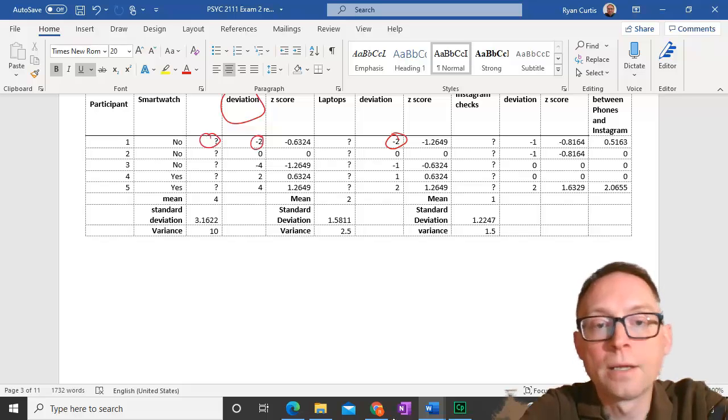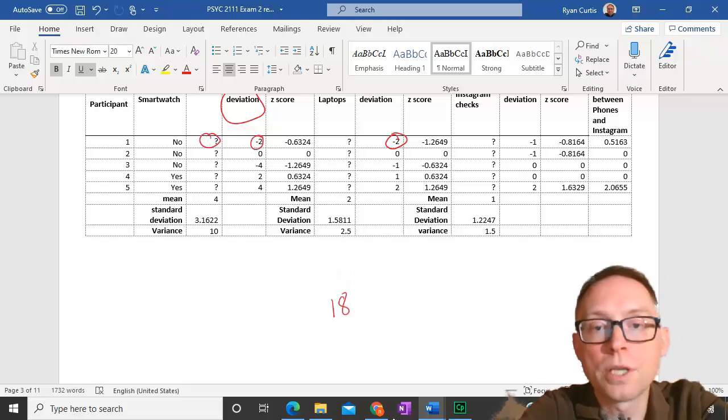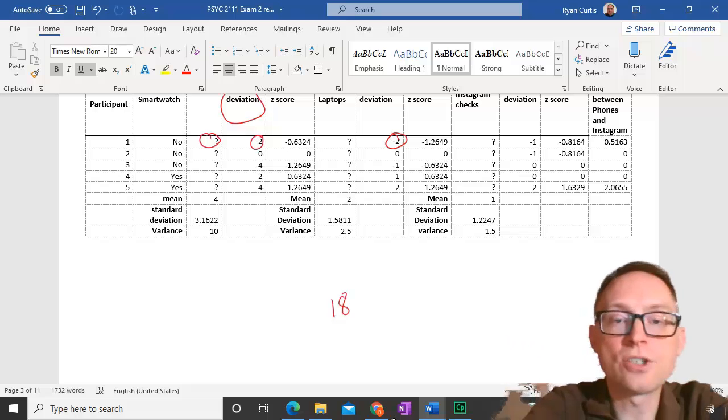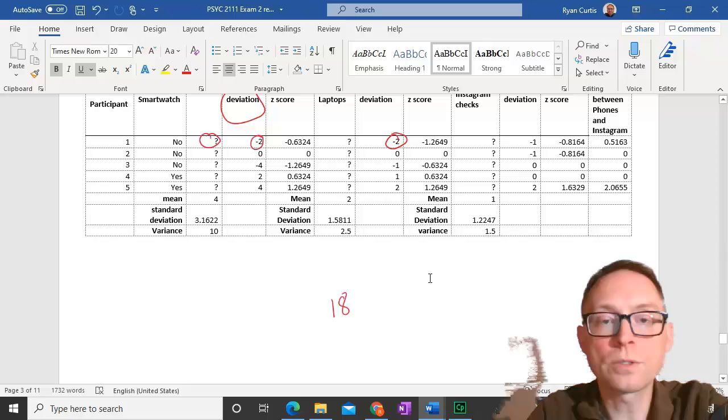So I need 4 plus 0 plus 4 plus 2 plus 8. 4 plus 0 is 4, plus 4 is 8, plus 2 is 10, plus 8 is 18. The sum of the product of deviations is 18. I took the deviation for phones times the deviation for laptops.